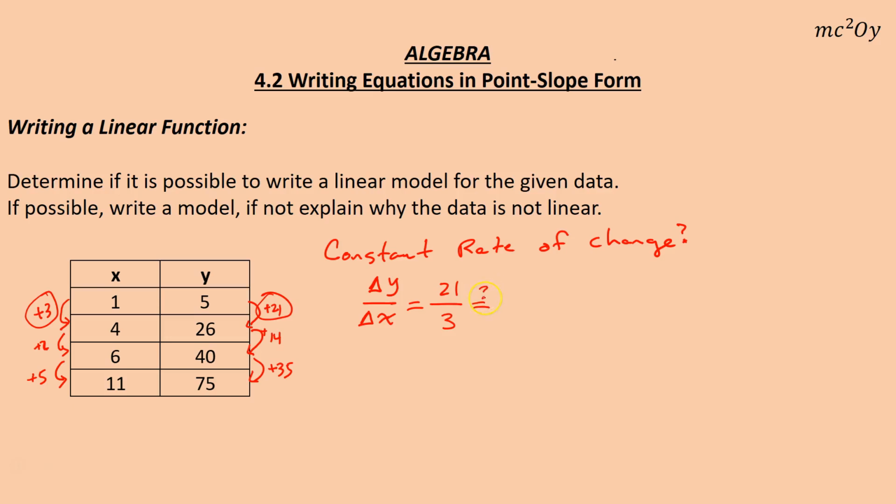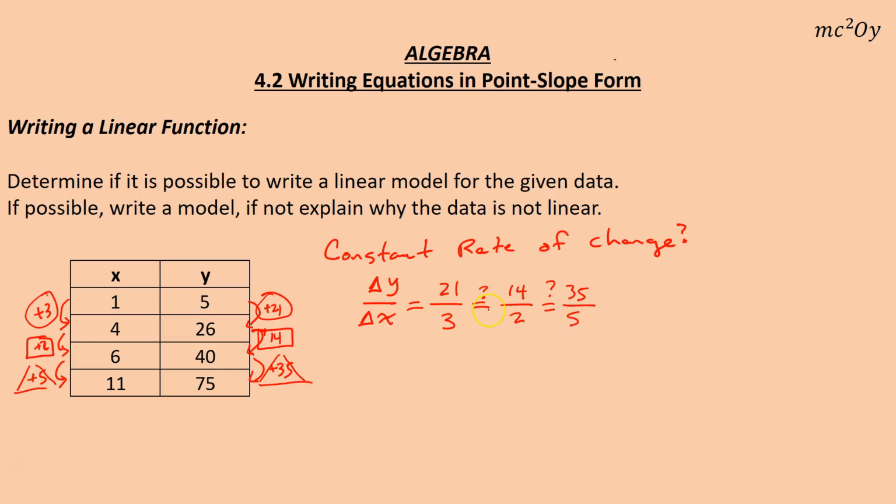Is that the same as going up by 14 on y and 2 on x? And is that the same as going up 35 on y and 5 on x?